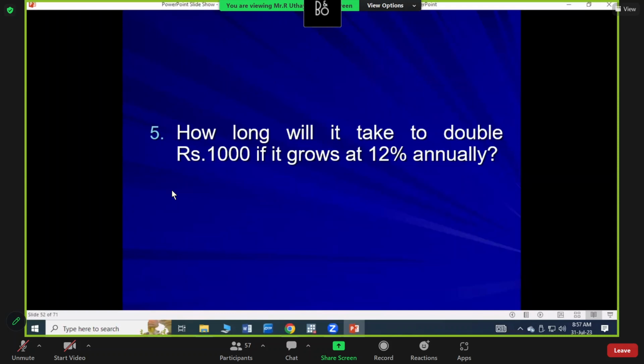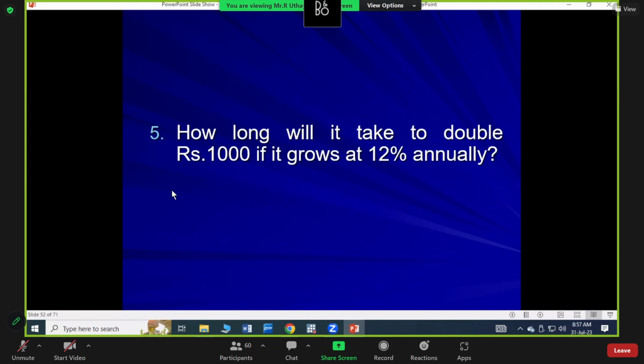You must apply the time value concept to this kind of problem. You want to identify the required components of the time value concept. The question: how long will it take to double 1,000 rupees?